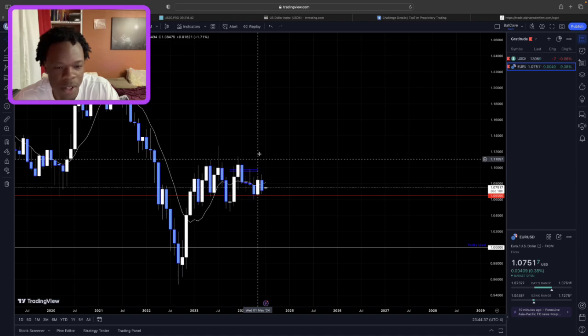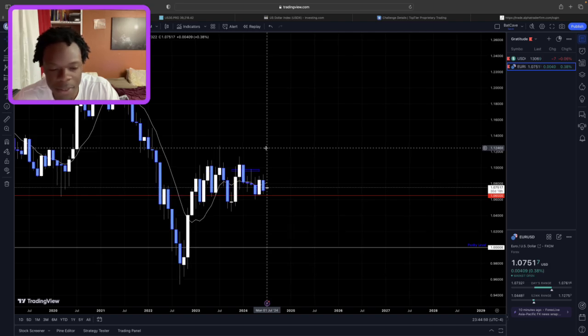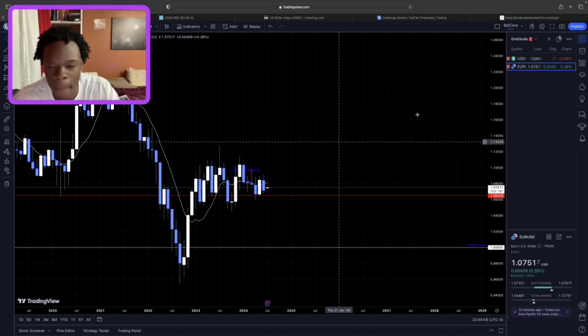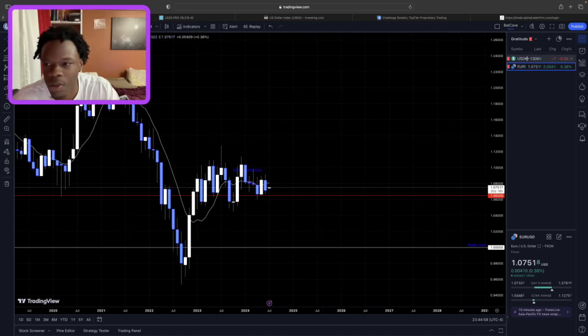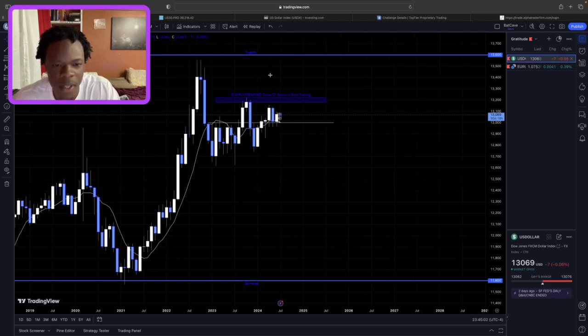But from where it stands right now, price action has created a bullish engulfing candle in May and has created what could possibly be a counter trend in June, and the month of July could see some bullish price action from the Euro USD. The same thing happens with the US dollar, just in reverse.